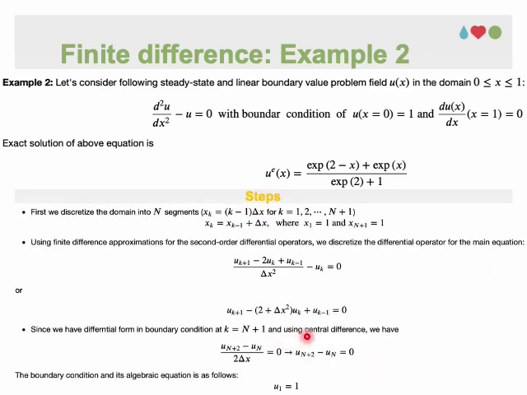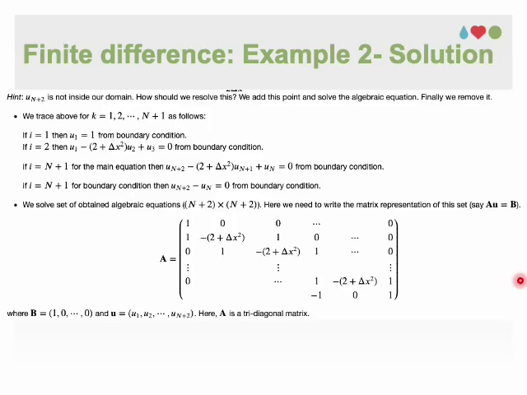We have a new unknown u n plus 2 at point x n plus 2, that is outside our computational domain. To solve this, we add this point to our discretization points. Therefore, we have two conditions for k equal n plus 1.